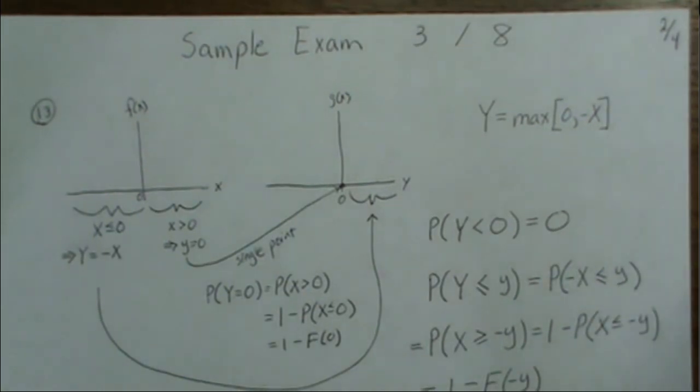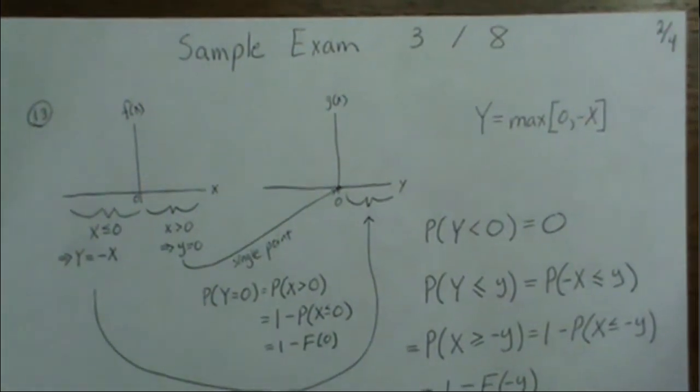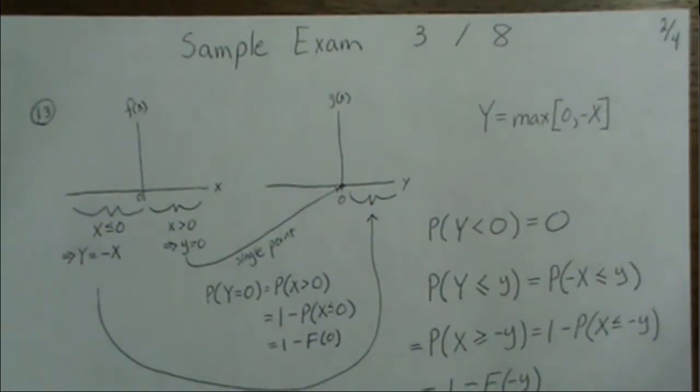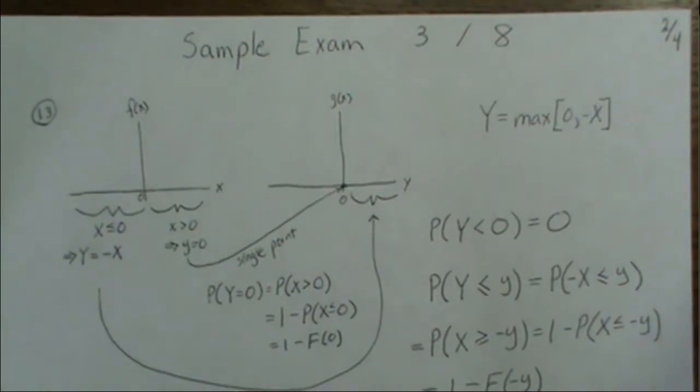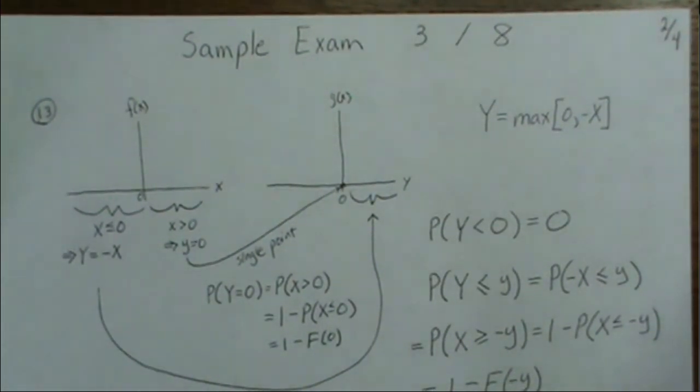So number 13, we're given that X is a continuous distribution, and what's the cumulative distribution of Y equal to max of 0 and negative X? So this one is a little bit tricky.